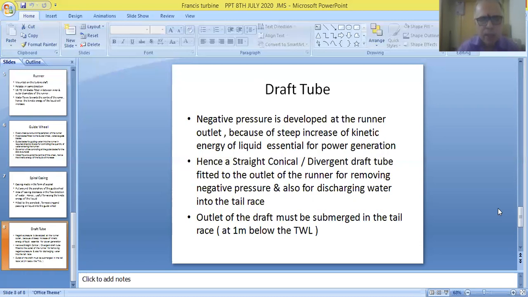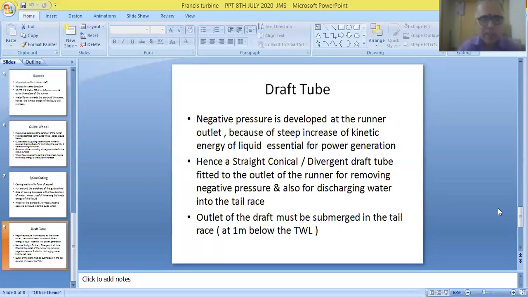And lastly, the outlet of the draft tube must be submerged below the level of water in the second reservoir. That means at least 1 meter below the level of water in the reservoir.